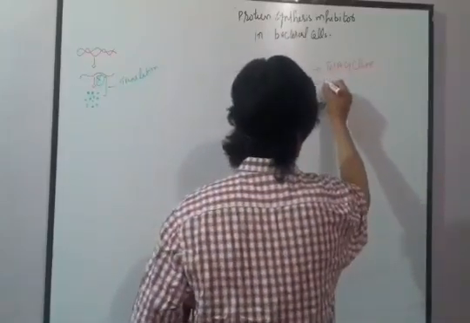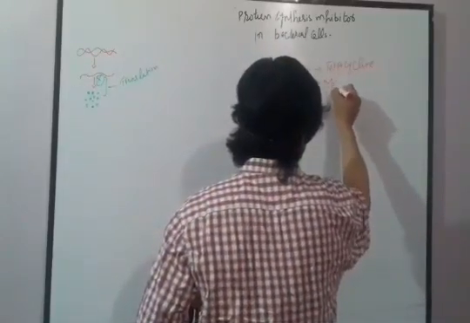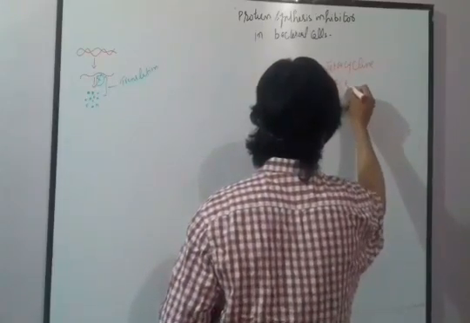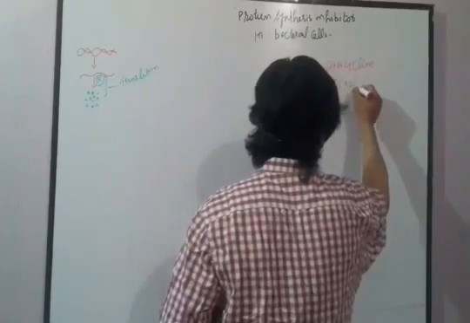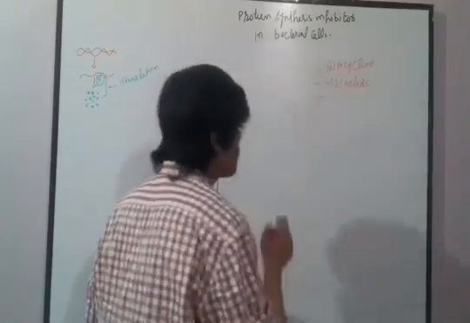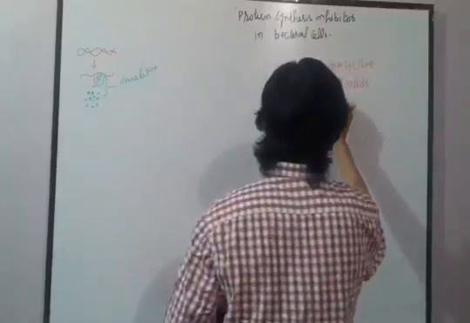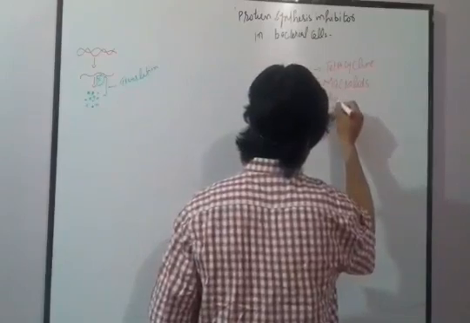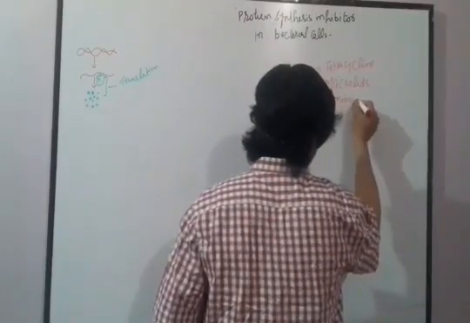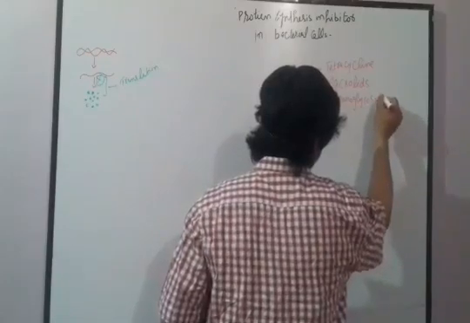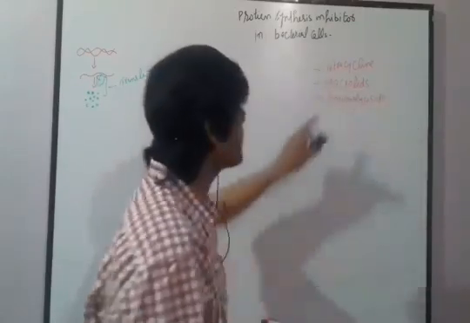Another group of drugs used in protein synthesis inhibition is called macrolides. And there are also aminoglycosides. So these are the drugs.